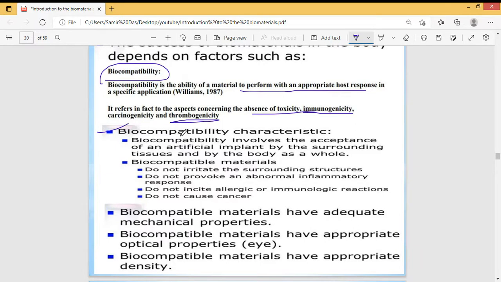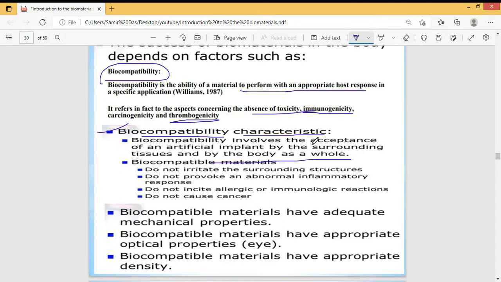So next is biocompatibility characteristics. Biocompatibility involves the acceptance of an artificial implant by the surrounding tissue and by the body as a whole.